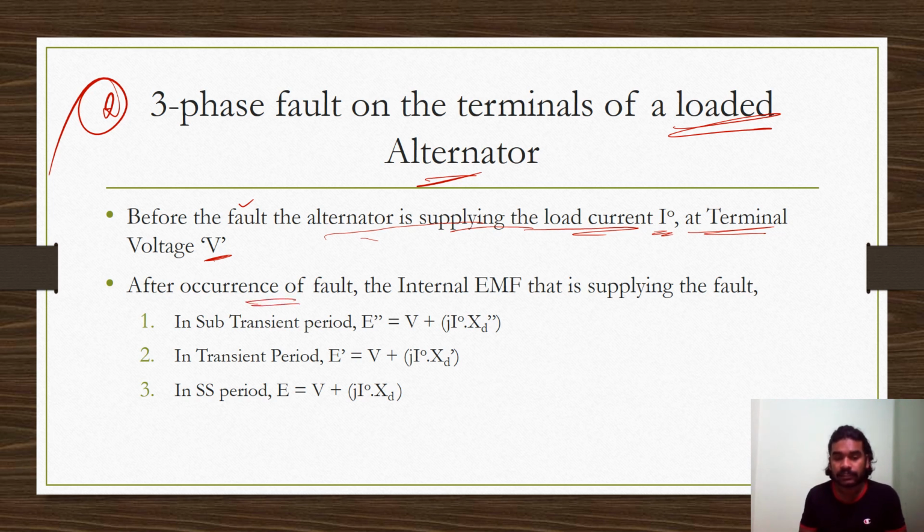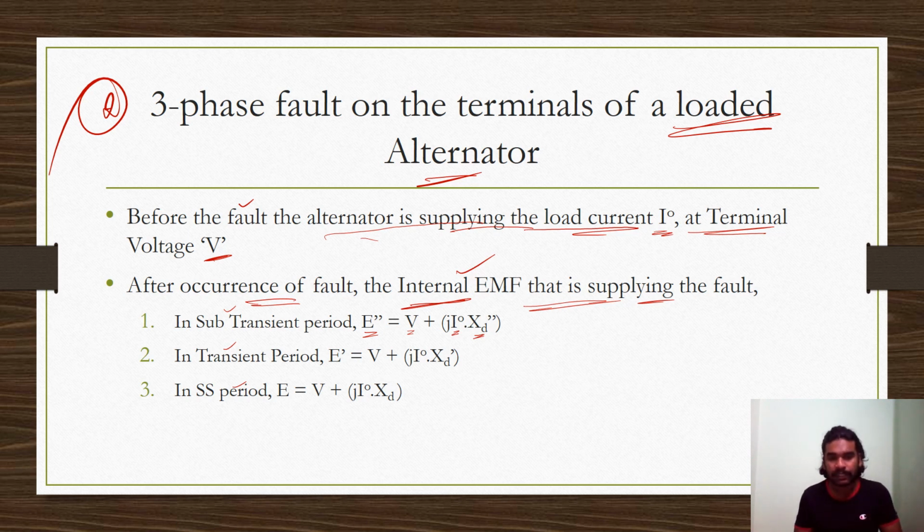Now, after the occurrence of the fault, the internal EMF will change. Why will it change? After the occurrence of the fault, there are three periods: subtransient, transient, and steady state. The internal EMF which will supply the fault during the subtransient period will be the terminal voltage V plus j times the pre-fault load current into the subtransient reactance, please remember.